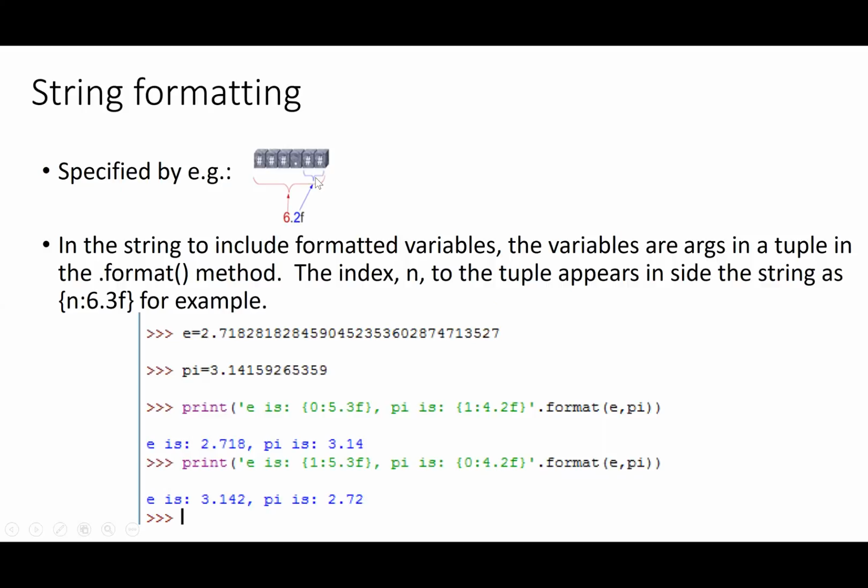0.2 means that there are 2 digits to the right of the decimal, and then finally f means a floating point number. If you go online and look up string formatting, you will see tables of the various types of number you can format to output in a string. That includes things like binary, octal, and so on, as well as, of course, floats, doubles, integers, and what have you.